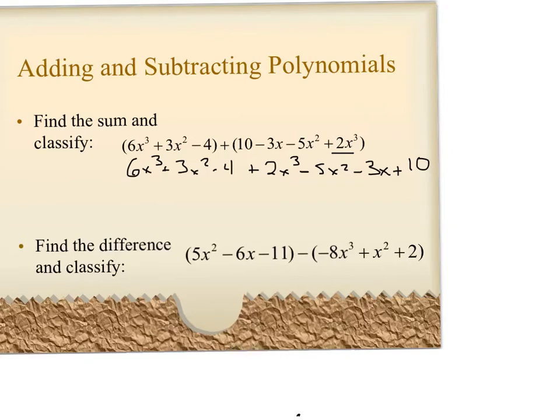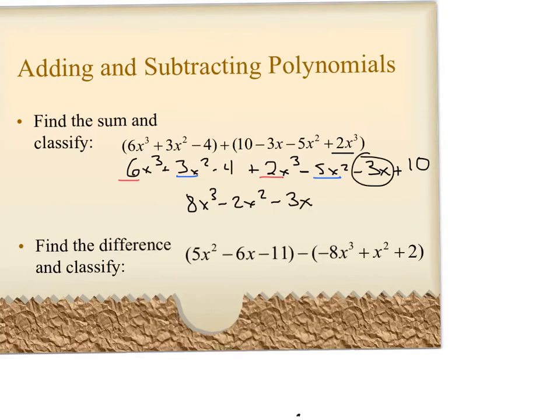Some people find it handy too, when they're combining like terms and there's a lot of things, to go through and underline the things that are alike. So then we got the 3x squared and the negative 5x squared, and that gives me a negative 2x squared. There's no other x term, so it's just the negative 3x from here.